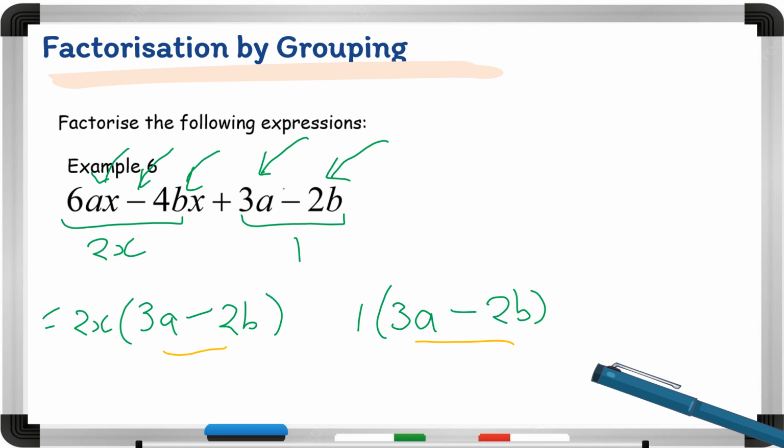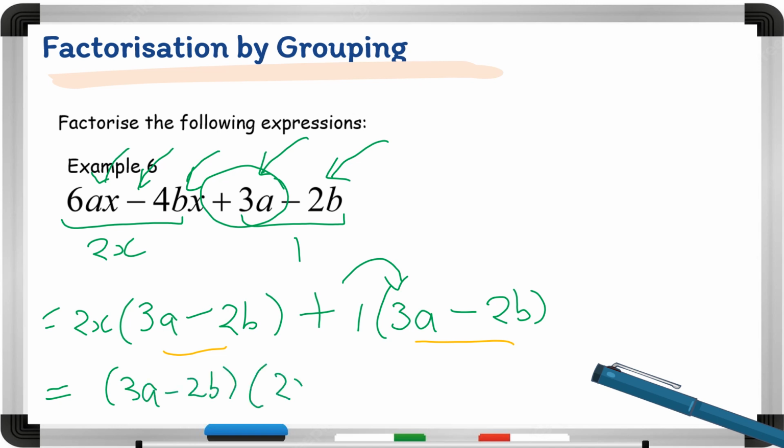Now, how do we get plus 3a? So we must have a plus here so that we get plus 3a. So to take out the common factor 3a minus 2b, we will be left with 2x plus 1. And this is the last example for the factorization by grouping.